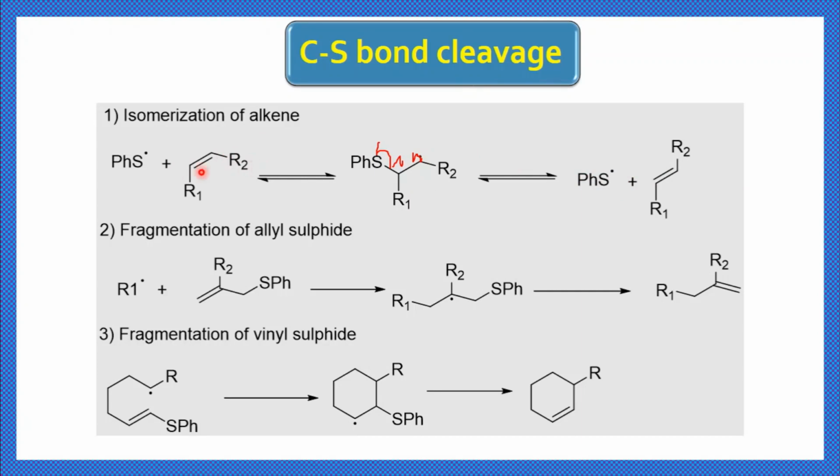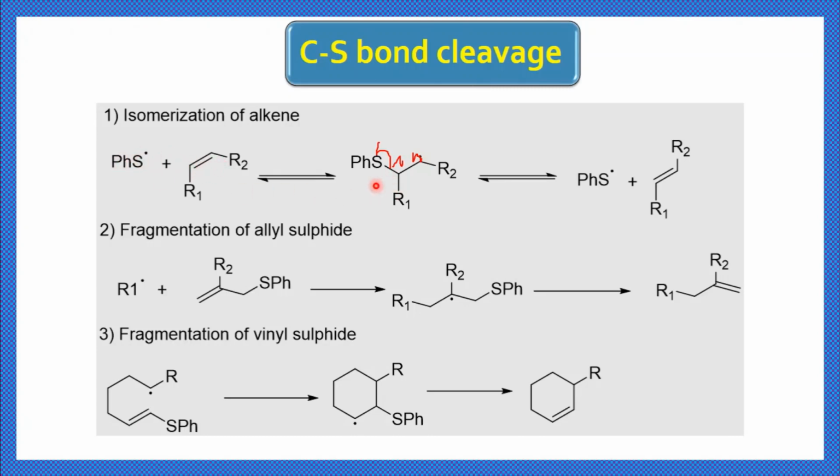The phenyl sulfur radical is generated from phenyl sulfur halide, and it reacts with the carbon-carbon double bond. This R1, R2 may be any alkyl or aryl group. The reaction between these two molecules takes place and forms a bond with the carbon-carbon double bond.